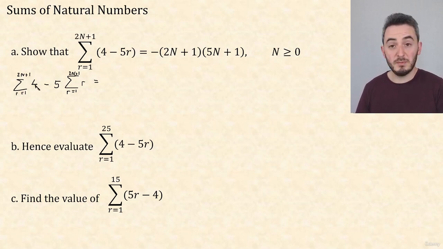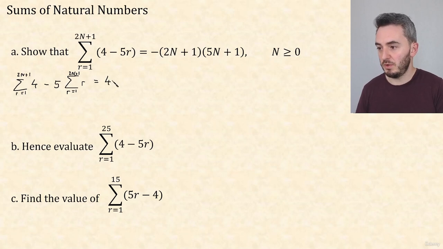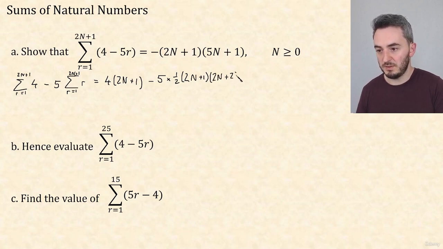Well, we're adding up 4, 2n plus 1 times. So that's just 4 lots of 2n plus 1. Now we're subtracting 5 lots of, well, we just need to apply our rule here. So it's 5 lots of half of that thing, 2n plus 1, multiplied by that thing plus 1, 2n plus 2.